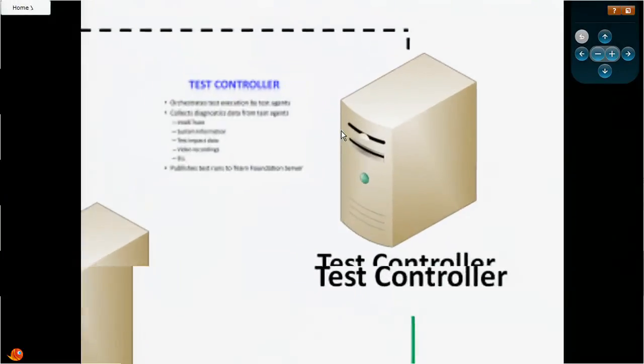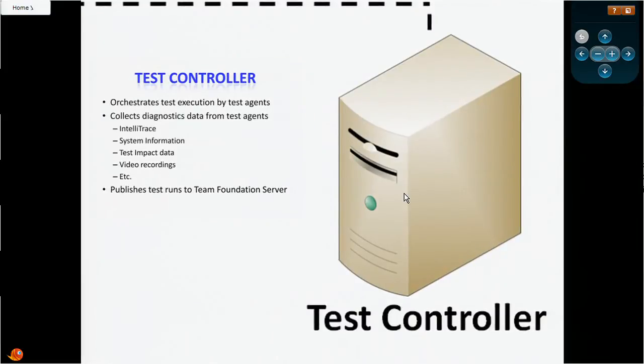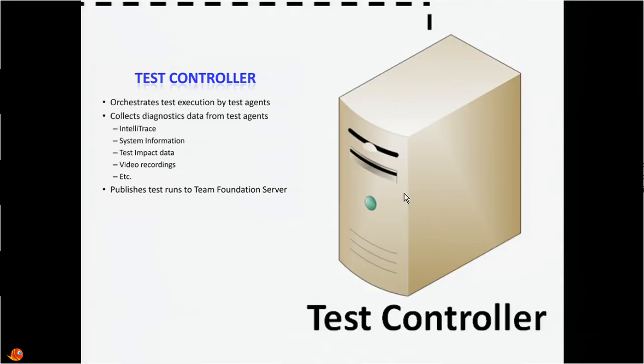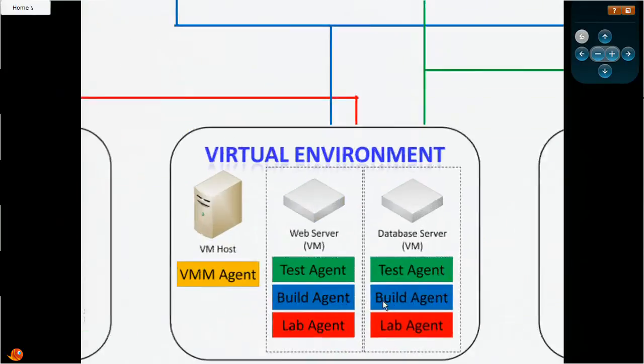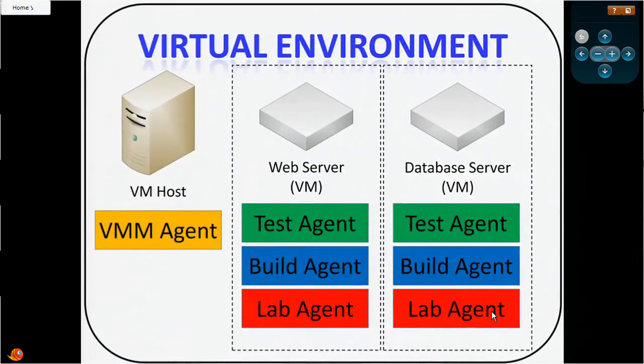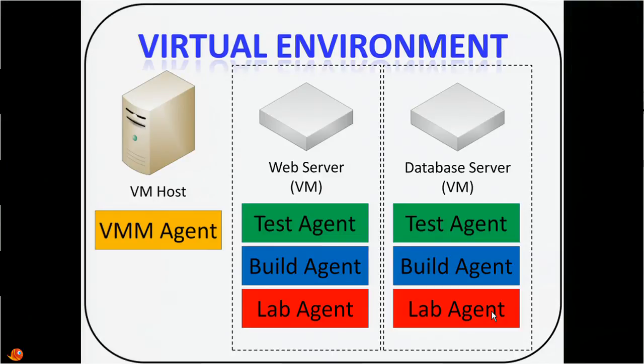The test controllers are responsible for orchestrating the tests that are going to be executed against one or more physical or virtual machines. And then on those physical or virtual machines, you'll install what are called test agents. Those test agents are responsible for executing the tests, and they're also responsible for reporting back the results.